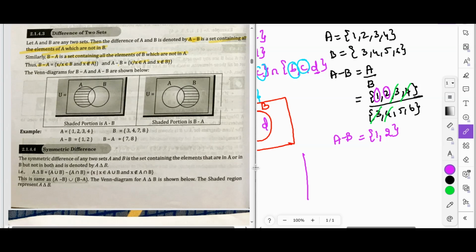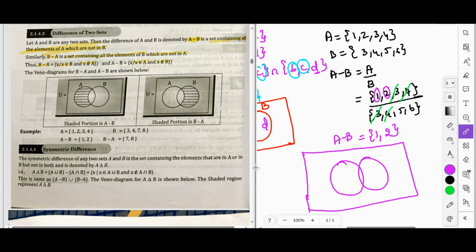So how will we draw the Venn diagram for this? The Venn diagram will be a rectangular box with A and B. This is A and this is B. Now what is common in both? For A and B, 3 and 4 are common, so we write 3 and 4 which is common.